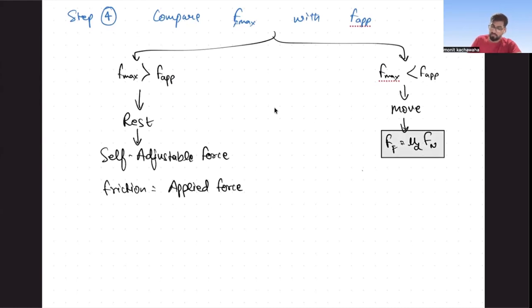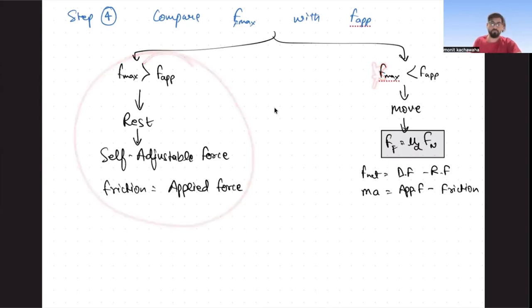And then I will use F net, that is your driving force minus resistive force. So F net is mass into acceleration, driving force is your applied force here, minus resistive force, which is your friction force. This we'll discuss in a while, but let us first focus on it here.